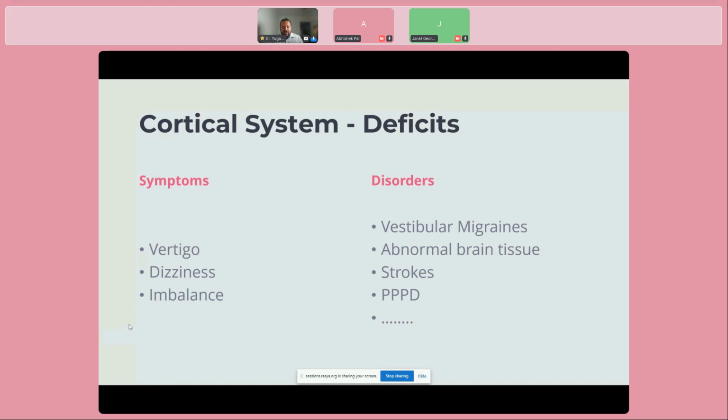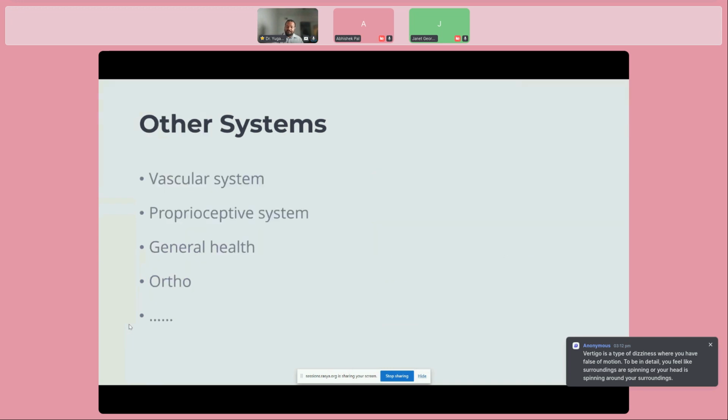But so far, what we observe is that if a patient has vestibular migraines, that could be an effect on the cortical region. Abnormal brain tissue, such as ischemic changes, strokes, and even triple PD could be from the cortical system, because it plays a role in attention and cognitive function. So triple PD could be from the cortical systems as well.